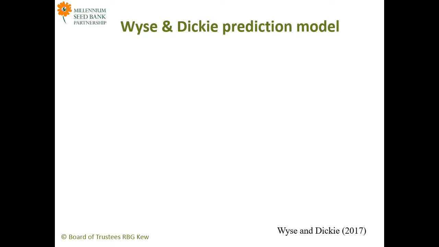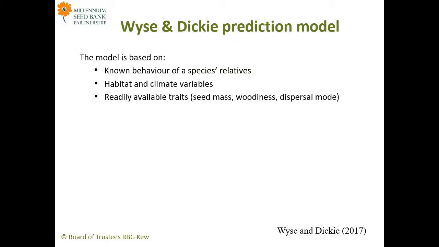Building on the use of taxonomy and traits to predict seed behavior, Wise and Dickey published a paper in 2017 outlining a model that can be used to predict the likelihood of a particular species having orthodox or recalcitrant seeds.